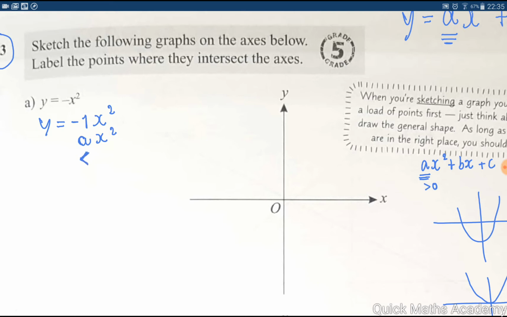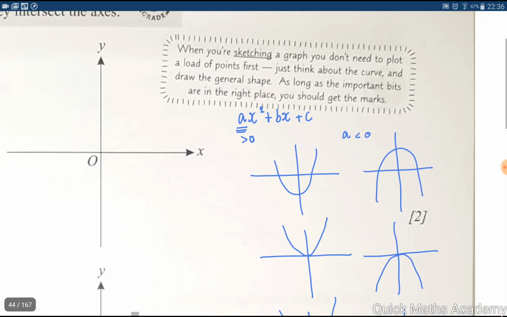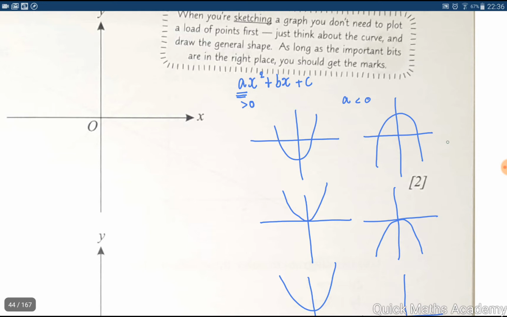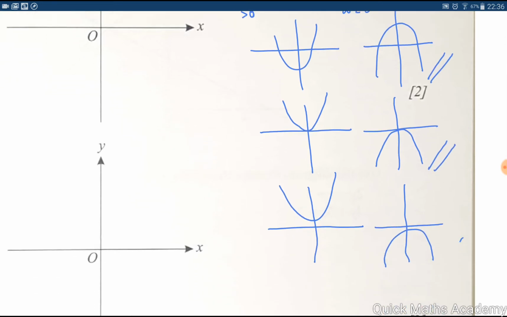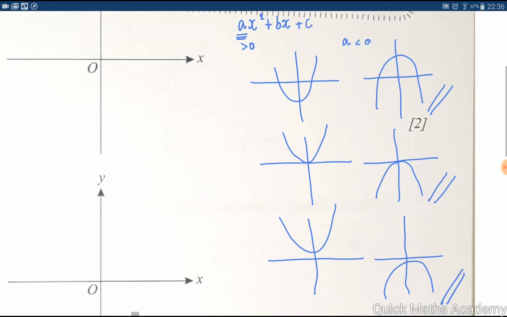So immediately I know that my parabola is facing down. My parabola must be one of those three facing down, like that, or like that, or like that. It cannot be the three others.